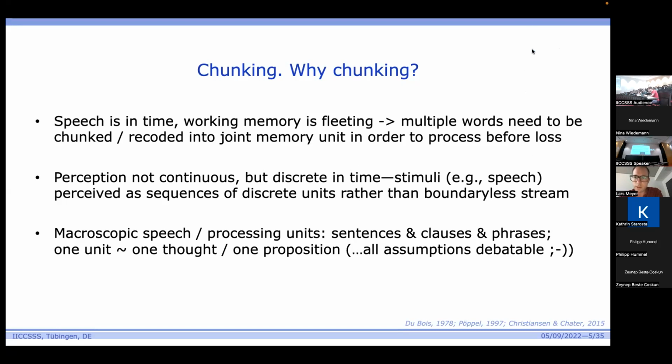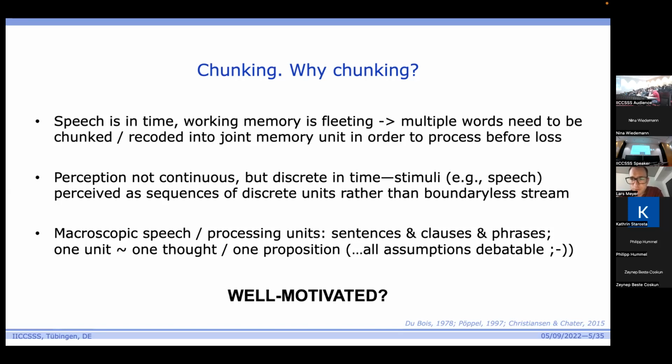Yeah, and I'm just leaving you with the very simplistic notion that one of these units corresponds roughly to one thought, like the cold brown beverage in my cup, which is one coherent thought. Yeah, and it extends over time, and you could call that a chunk if you want. Linguists might call this a phrase, but it's not important.